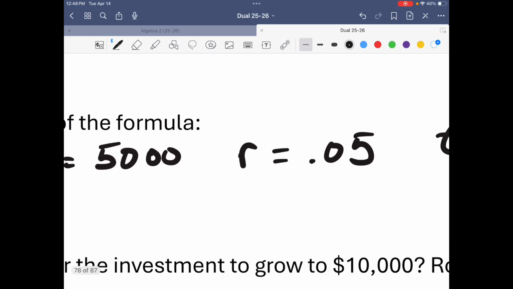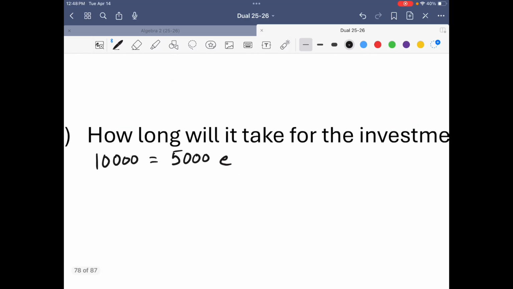And what was r again? 0.05, and then x, because we don't know what t is. That's the time, right? Same thing as before. You want to bring this down, but you can't because the 0.05 belongs to the e. And you can take the ln of e, but you can't do it first because the 5,000 is in the way. So move the 5,000, so divide by 5,000 on both sides.